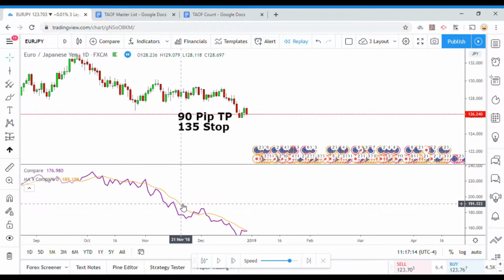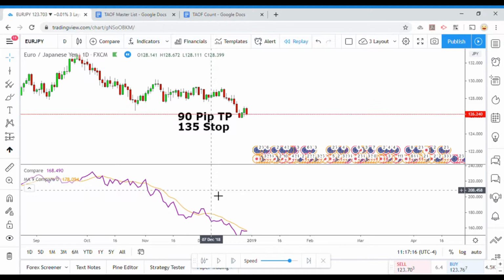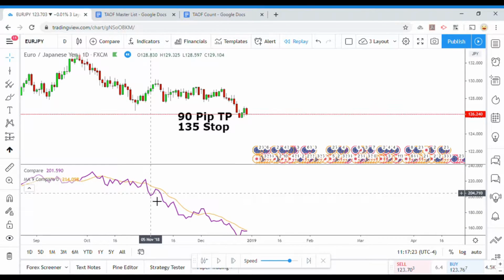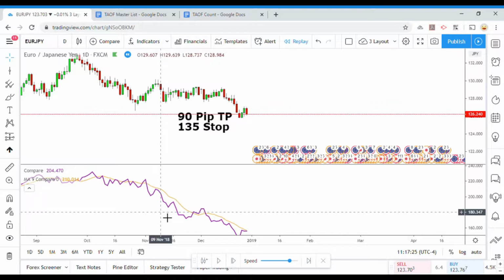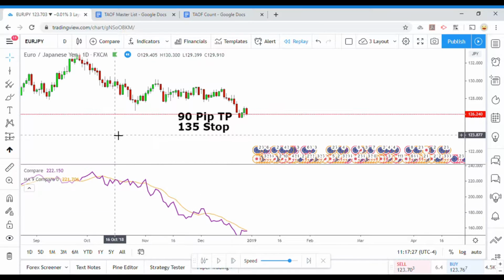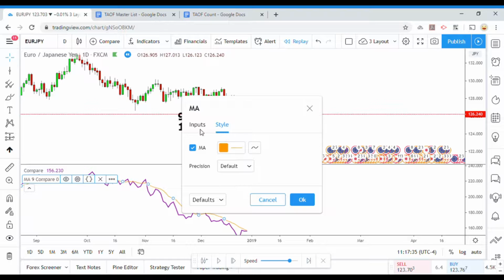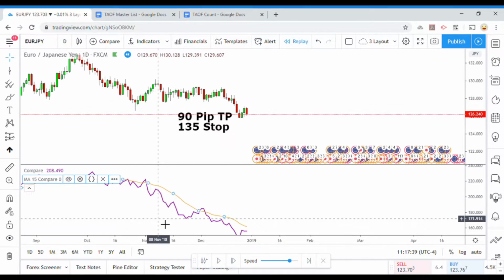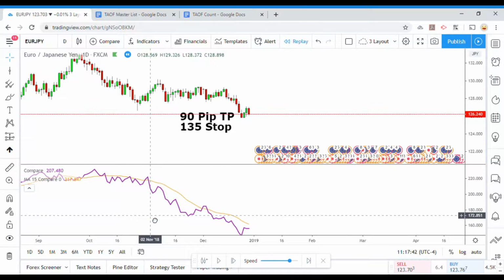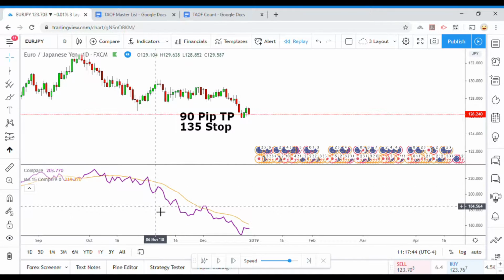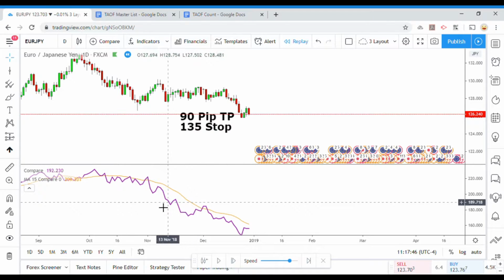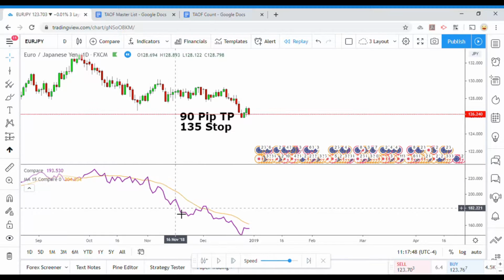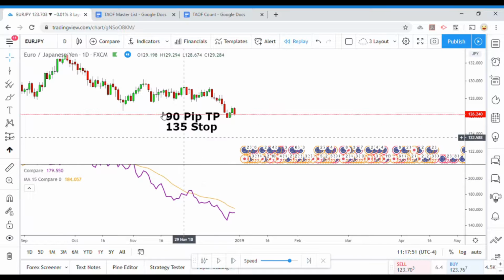We have added just a regular moving average to the compare indicator, and once we do that, it gives us a 2-line cross indicator that we can then trade. I'm actually going to change the moving average to a 15, extend it out just a little bit more so that it doesn't hug the compare line so much.